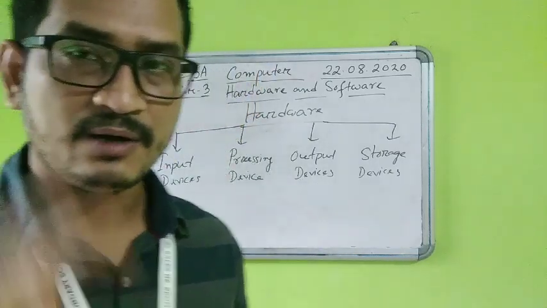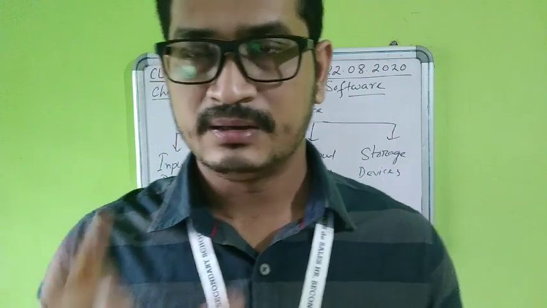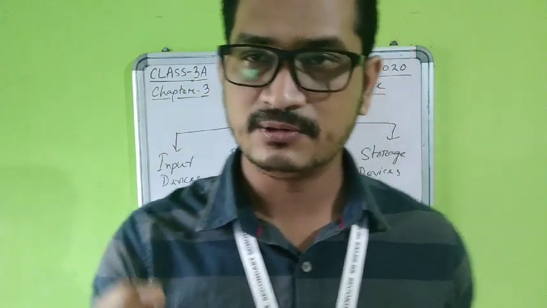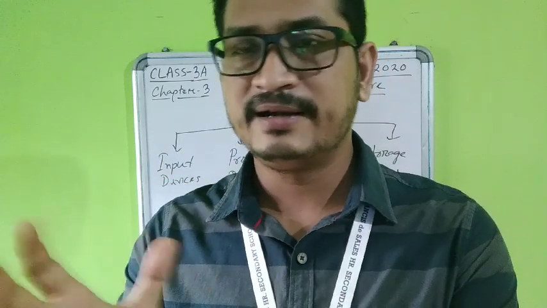Now storage means how to store the information or how to store the data, that is called the storage device. That means there are some instruments or devices in which we can store the information. Like the commonly used storage device nowadays is the pen drive. Many of you have already seen it and used it also. Through the pen drive we can save different types of information.